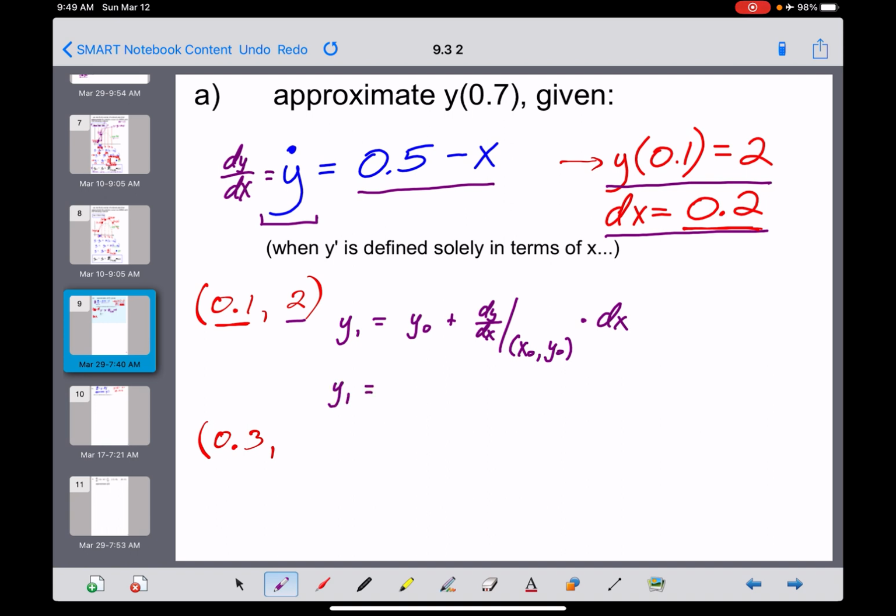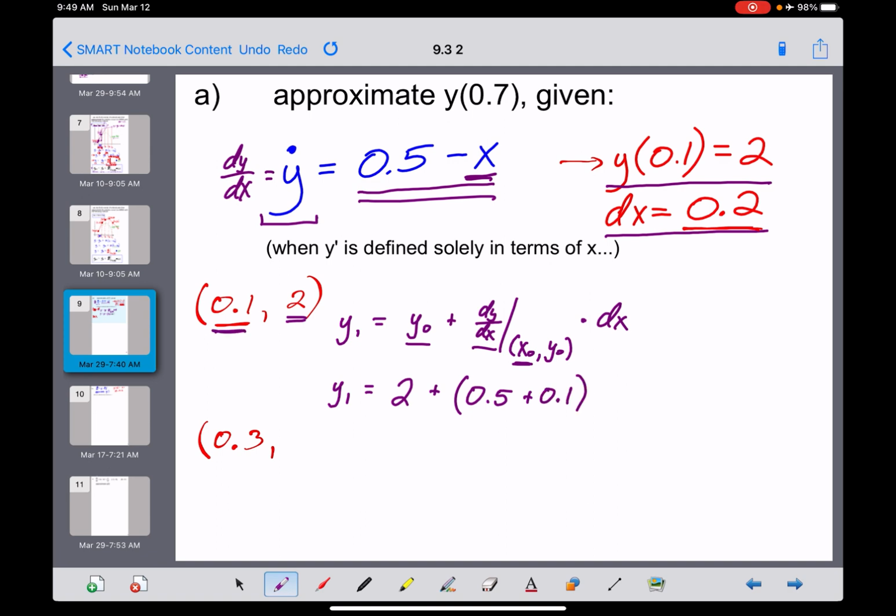y1 is equal to our previous y value, which right there was a 2, and we're going to add to that now the derivative, the differential equation right here, which is 0.5 plus, and in the place of that x, we are going to use the previous x value, which is 0.1.